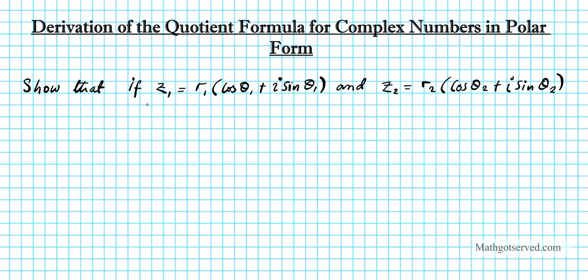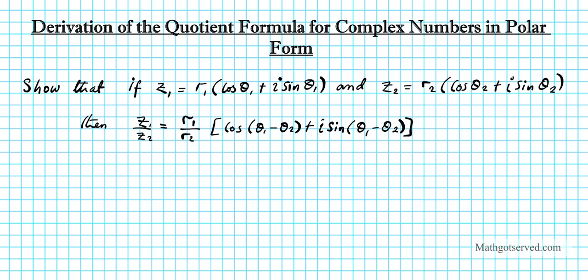if this is the case, then their quotient z1 over z2 can be given by the formula r1 over r2 times cosine theta 1 minus theta 2 plus i sine theta 1 minus theta 2.